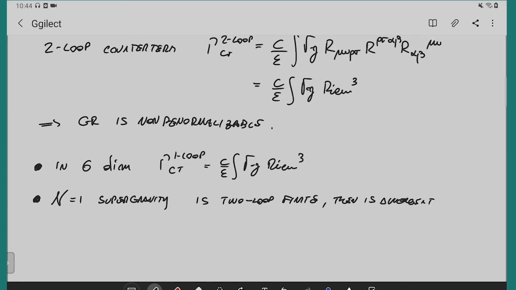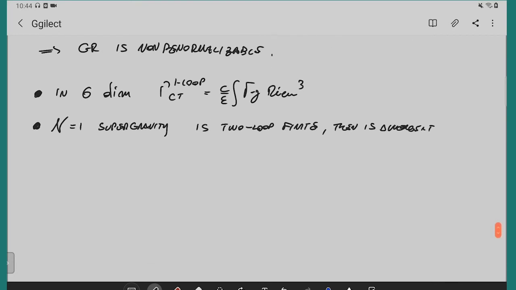I don't know what the situation is with higher N. When I was making my master thesis, I remember that I didn't find anything about N equal 8. Well, people claim that N equal 8 might be finite to all orders, but I think there is still no proof of this, or maybe there is even a proof.